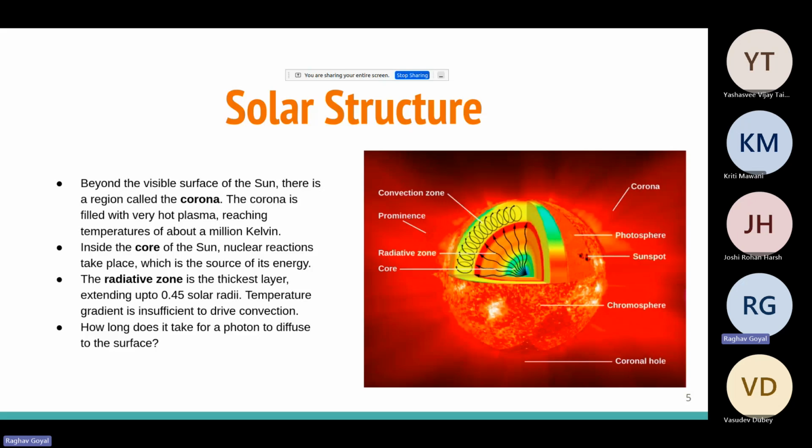One interesting fact: the photons that are reaching us now, their origin takes millions of years.